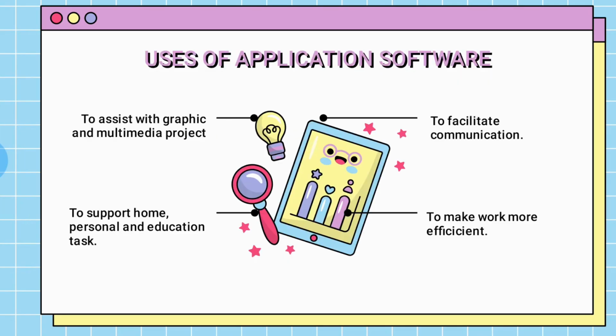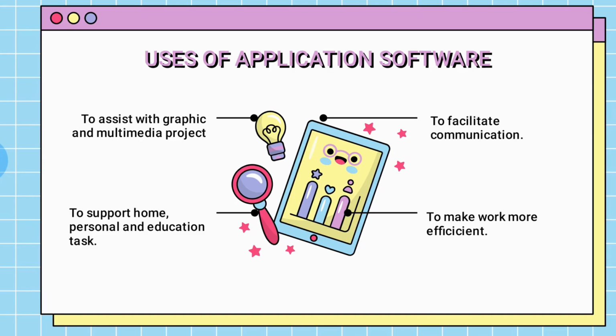Now let's talk about the uses of application software. With application software, you are able to assist with graphic and multimedia projects. By the use of apps like Canva, you can create graphics and edit. It also supports home, personal, and education tasks.